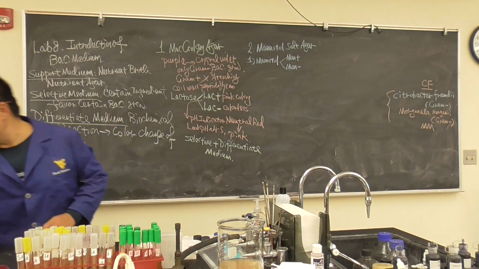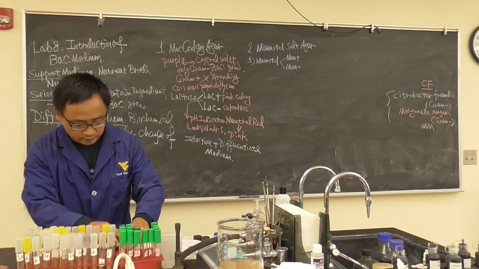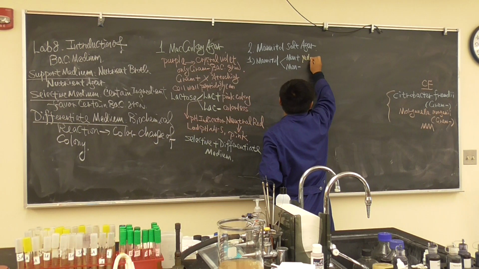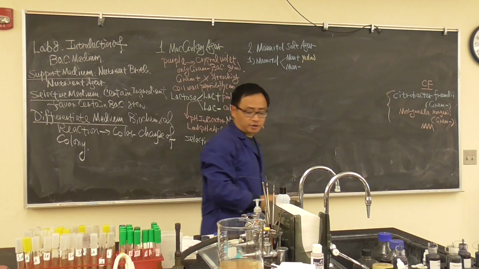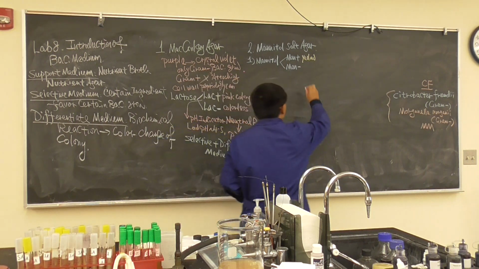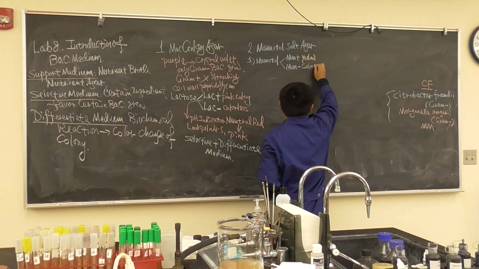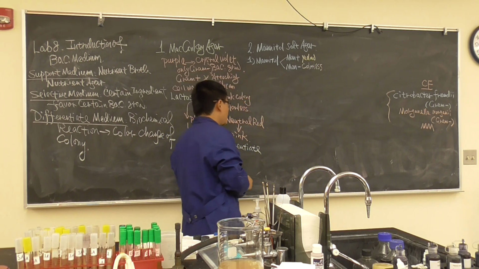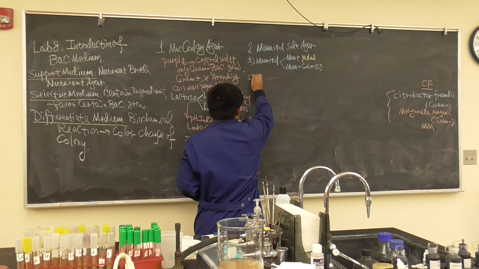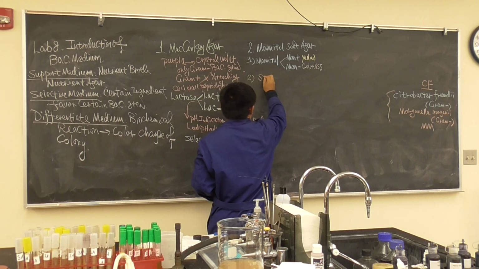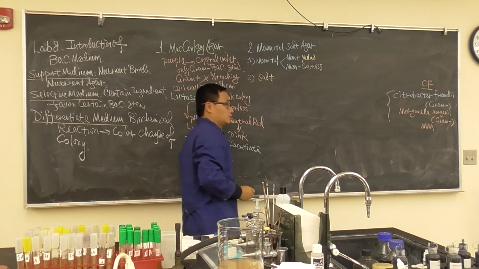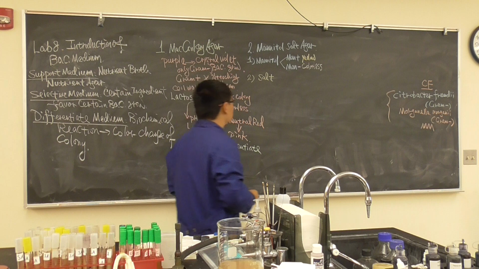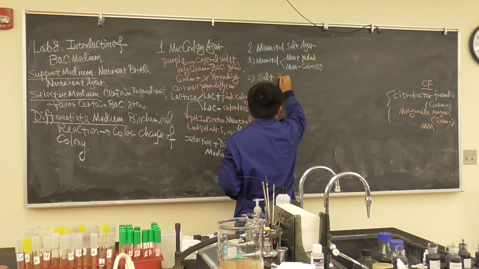It will be a yellow colony. And mannitol fermentation negative is colorless. The second thing, you have salt there. What is the concentration of the salt? Somewhere around 3%.